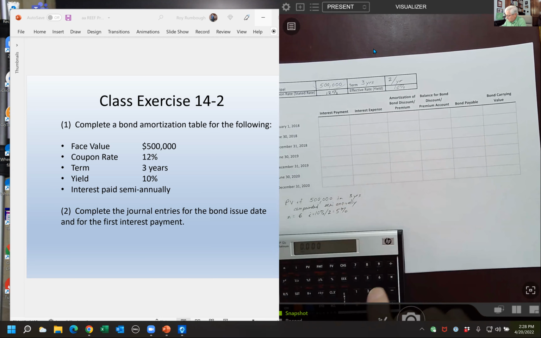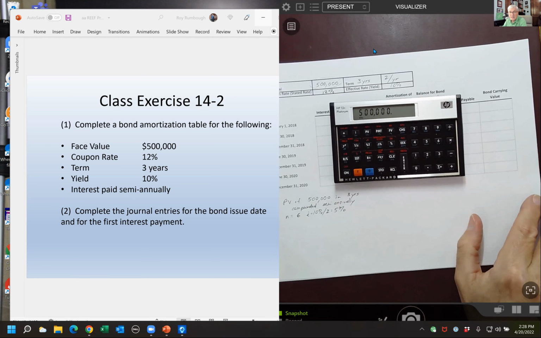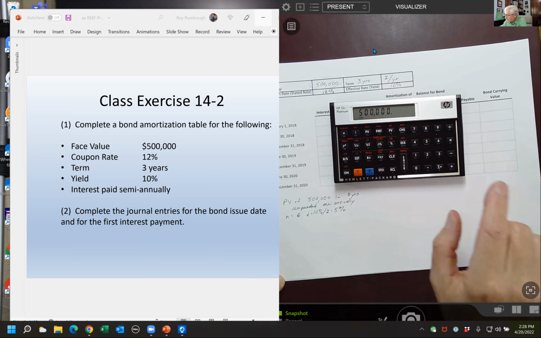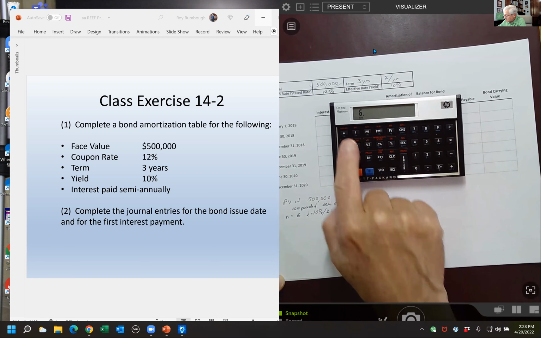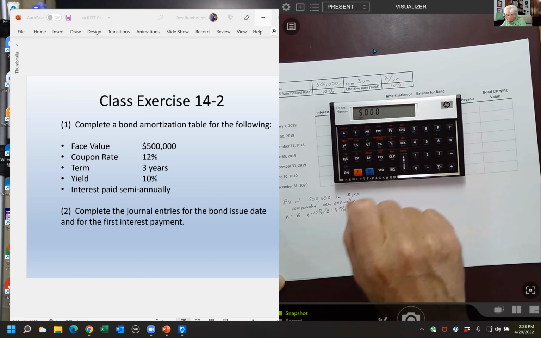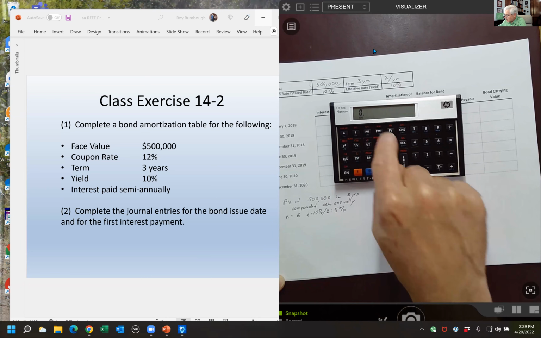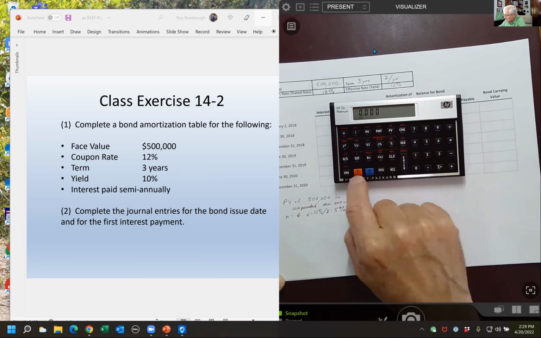The present value of 500,000. Let me put it up here so you guys can see this. That's more clear today than normal. Present value, N equals 6. Interest rate equals 5. And 0, no payments for this one. We'll do payments in a minute. So what's the present value? Oh, I screwed up somewhere.